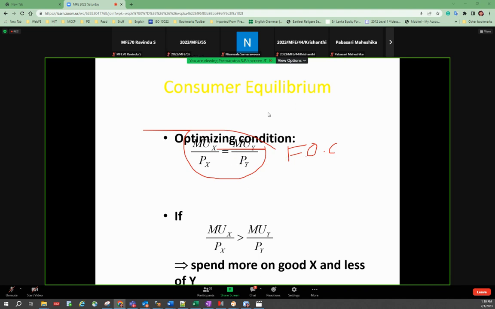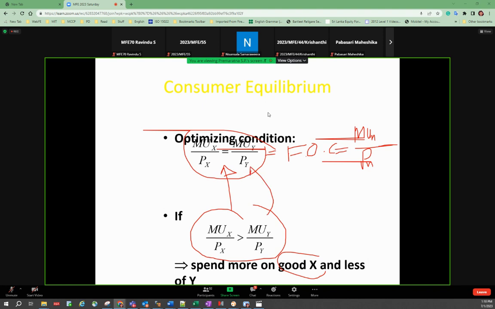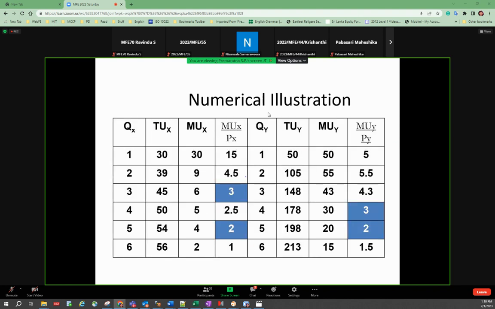If you buy several goods, whatever number of goods, say n goods, it has to be equal. If an inequality happens, to reach equality people automatically adjust, buying more of X and less of Y, and the market system adjusts automatically.